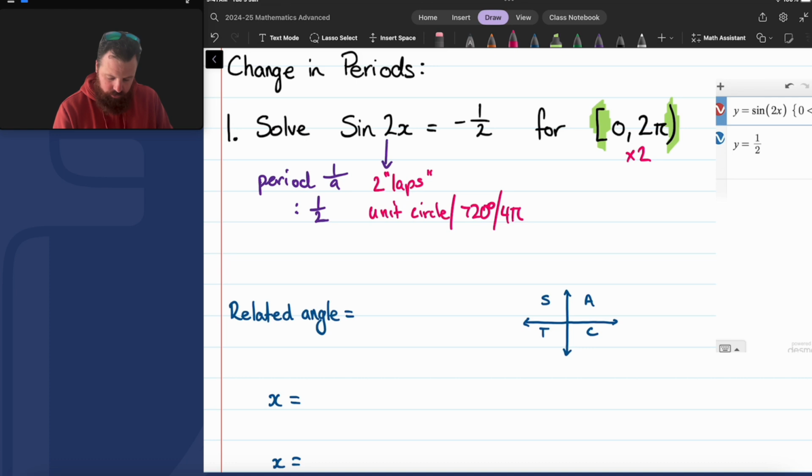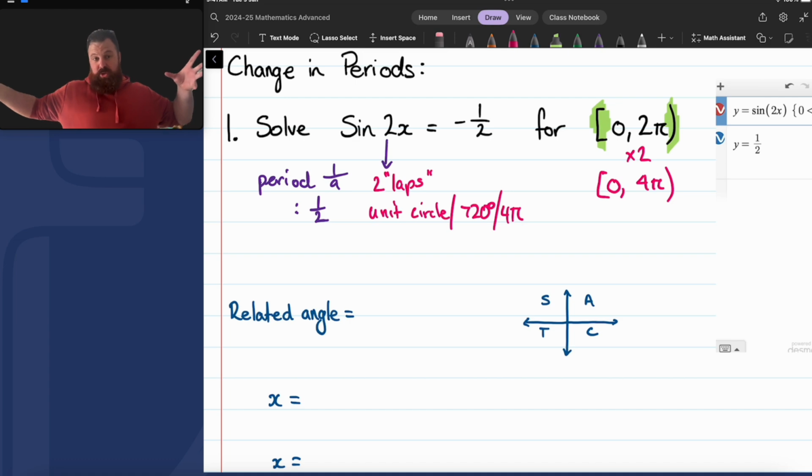So 0 times 2 still stays as 0, and 2 pi times 2 is going to become 4 pi. You can see by writing that, I've stretched that curve back out over 720 degrees, 4 pi.